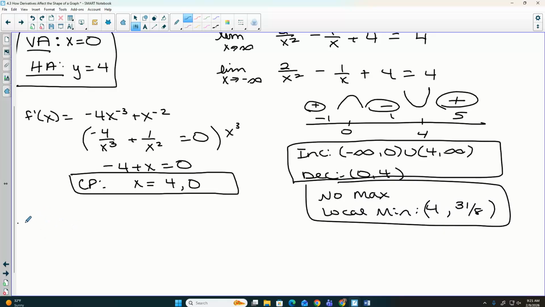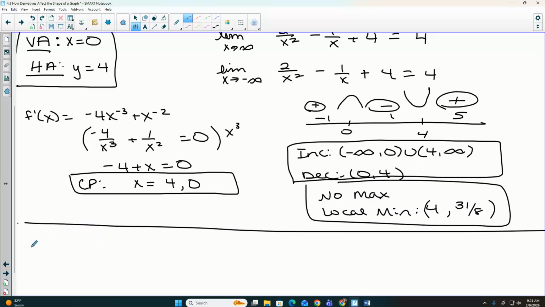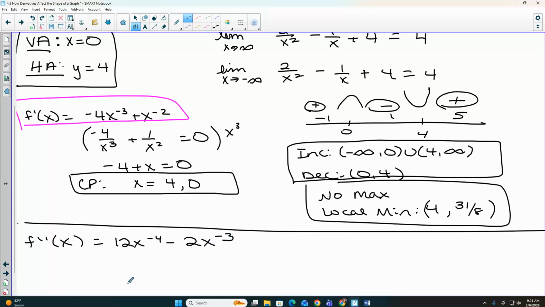Okay, now we need to do the second derivative stuff. So our second derivative, and I'm using my first right here to get there, would be 12x to the negative 4 minus 2x to the negative 3, or 12 over x to the 4 minus 2 over x cubed.